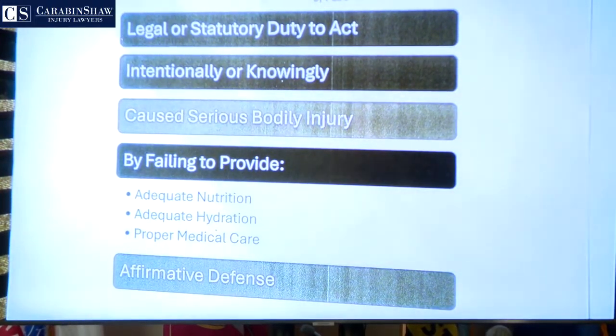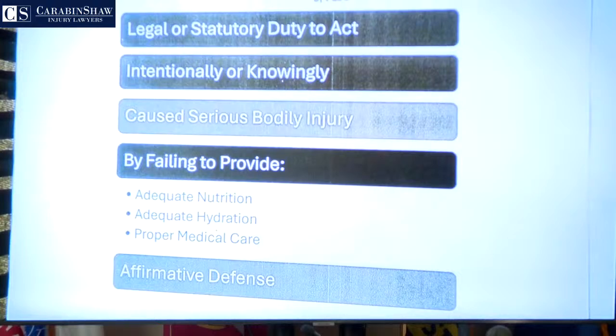And let's talk about the definition of serious bodily injury. Serious bodily injury in Texas has a specific definition. It's a significant risk of death, or it could cause death, or permanent disfigurement, or organ damage.